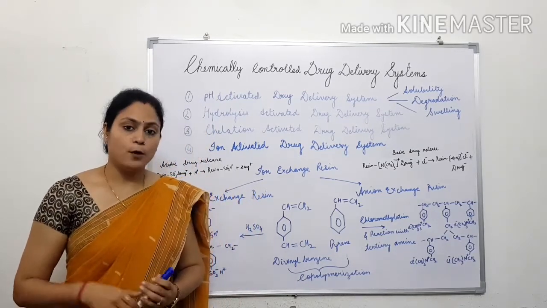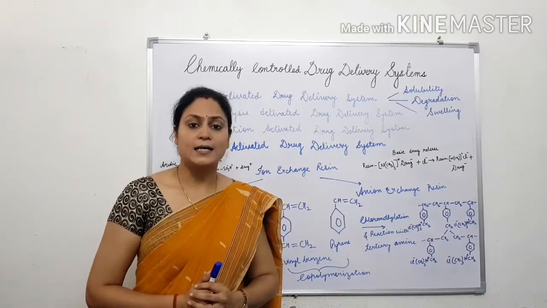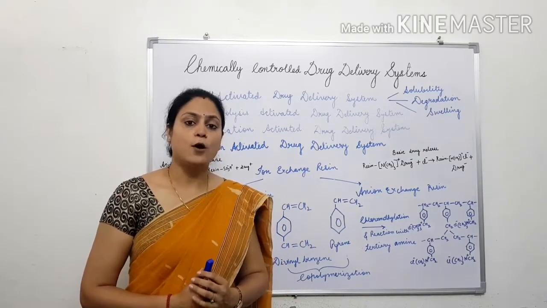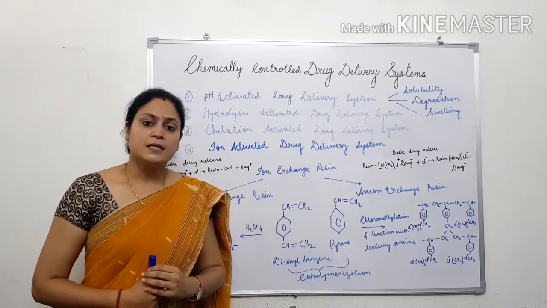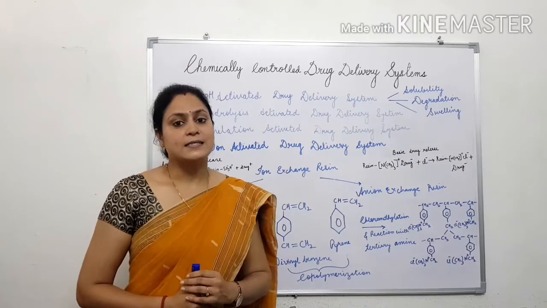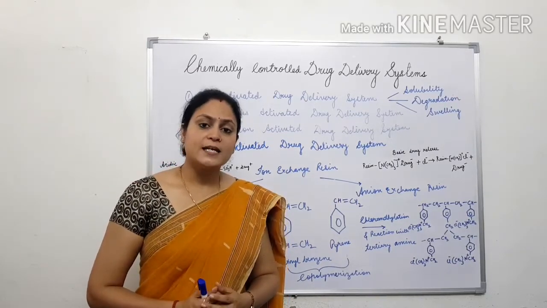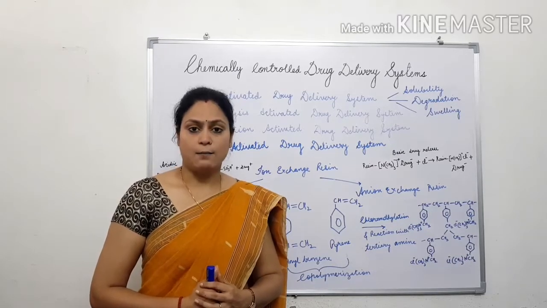Now, polyacidic polymers are those which have weakly acidic groups in their polymeric backbone. These polymers remain unionized and shrunken at acidic pH, that is in the stomach.